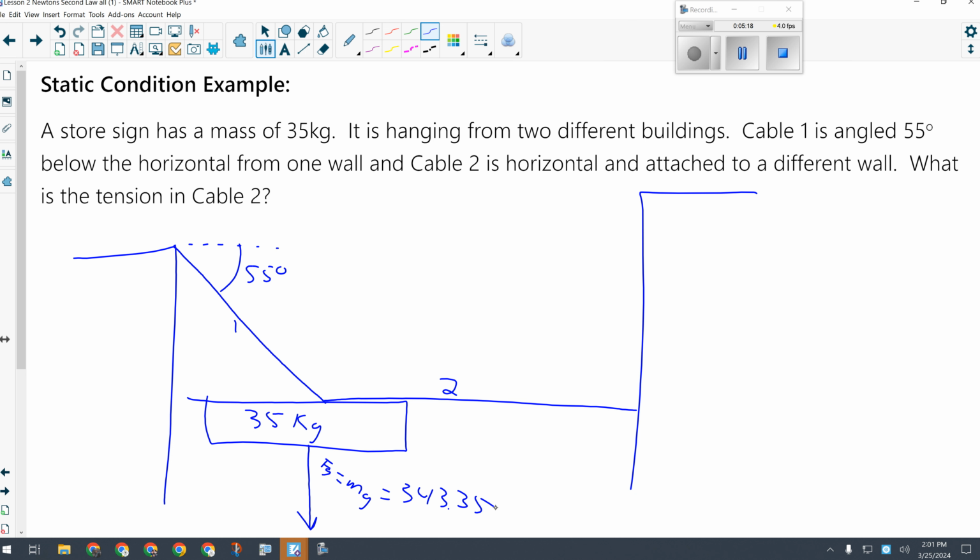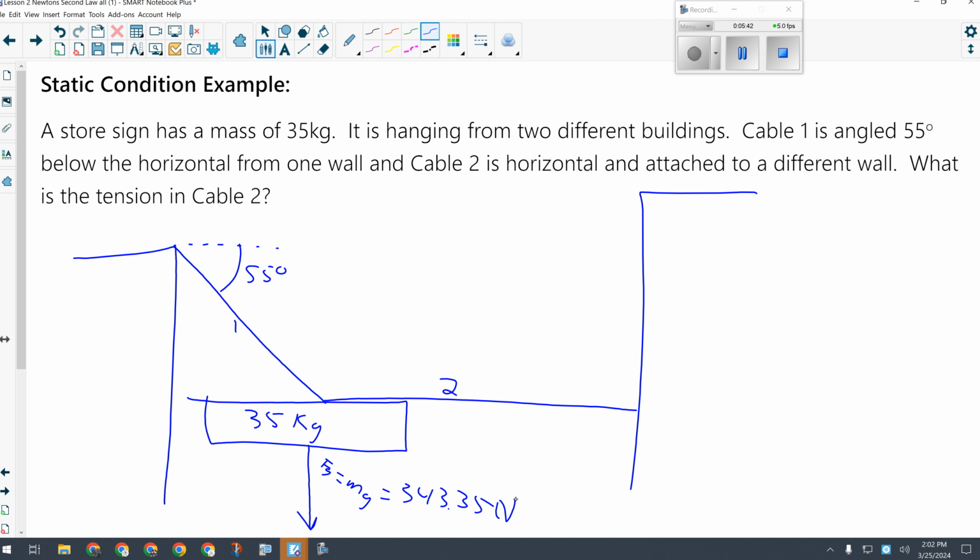Okay, newtons. So cable 2 can't do anything about that, which means which cable is holding all of that? Cable 1. But cable 1 isn't pulling up. Cable 1 is pulling 55 degrees below the horizontal. Okay?